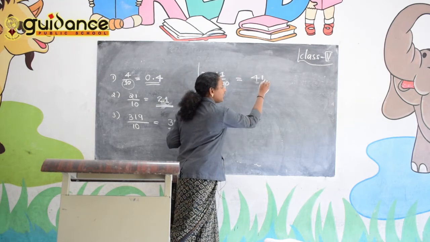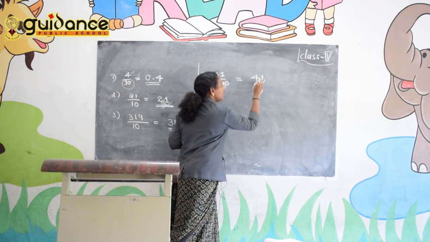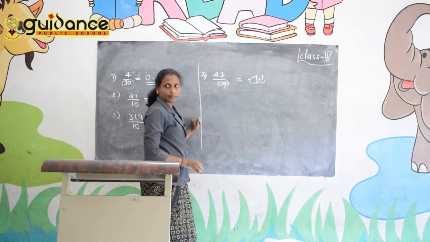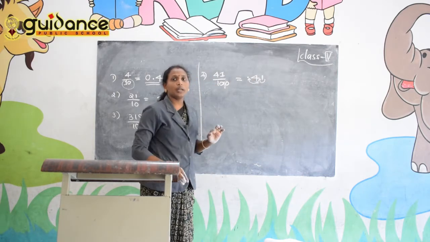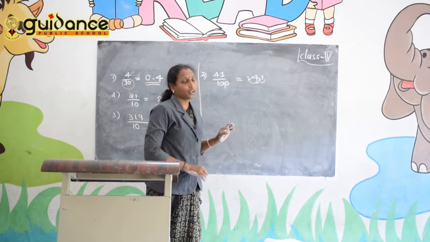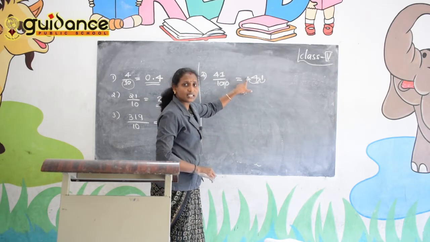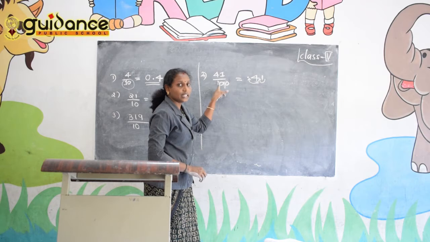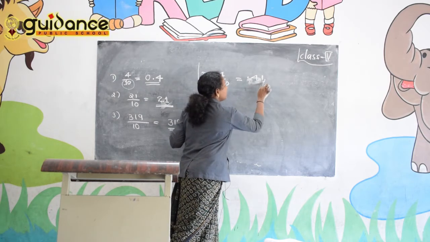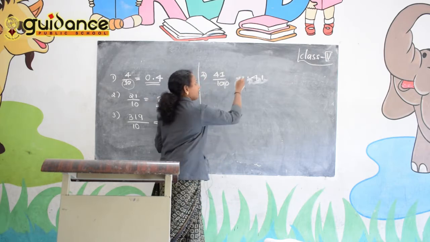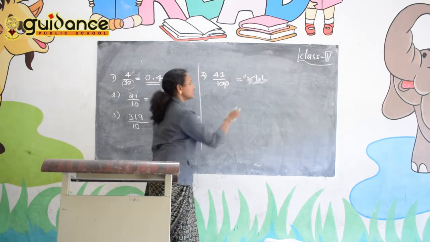We start here, one place here and two places here. That means here we put the dot, because the denominator has two zeros. That means the answer is 0.41. Okay, this is the answer.